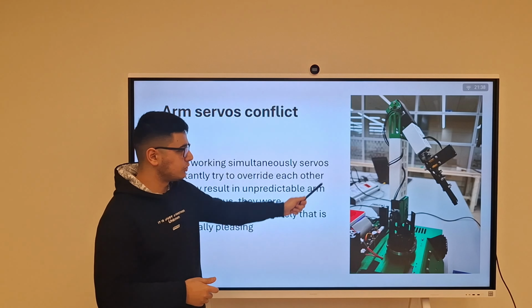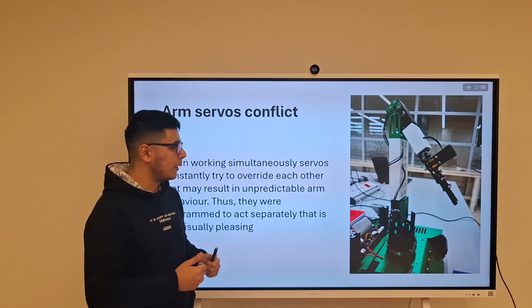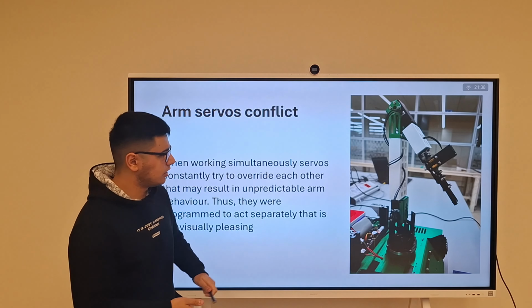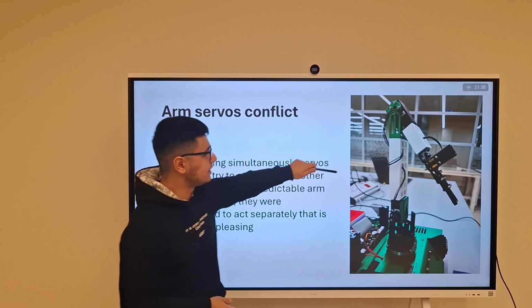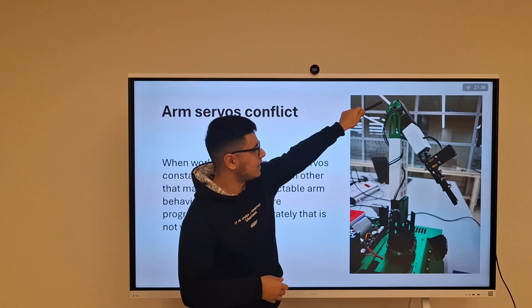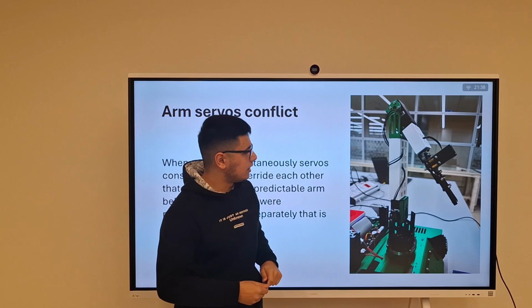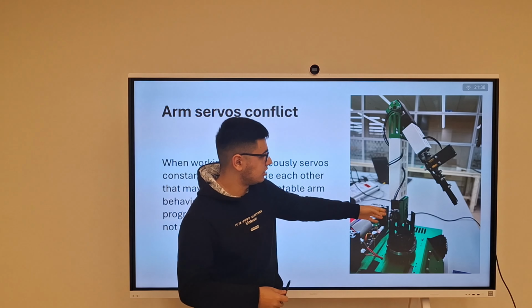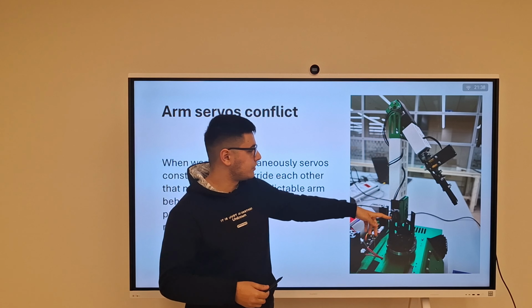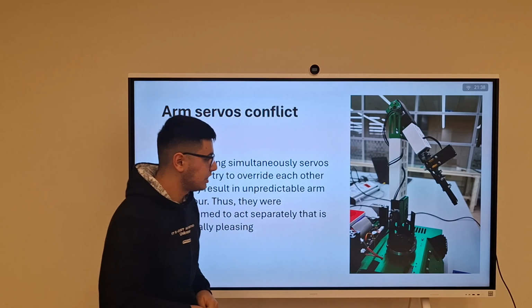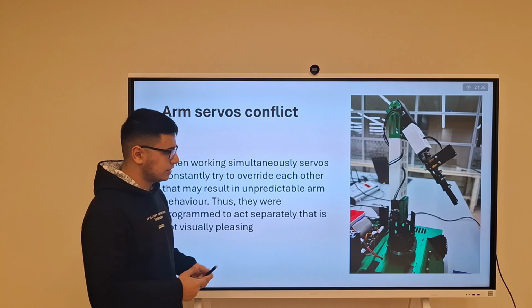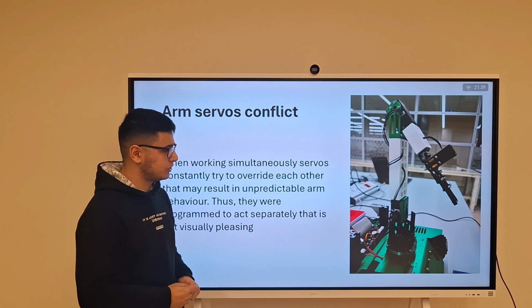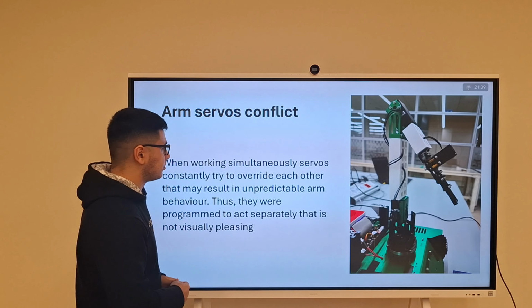Suppose we want to move our arm to some predefined cell, but if we want this servo to move faster than this one, sometimes this servo moves but this one does not, or this moves and this one moves after this finishes its rotation, and it creates some unwanted outcomes.